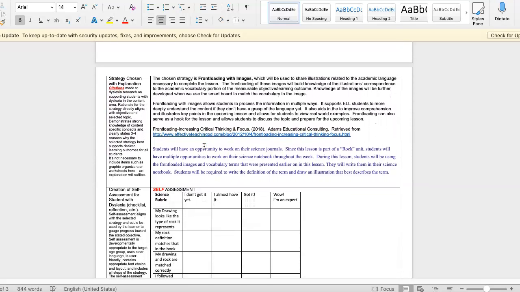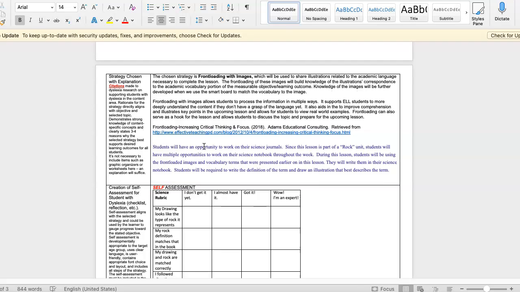Next is the explanation for the chosen strategy. And please be sure that you read this fine print so that you make sure that you have included all of the required information for this area of the plan.